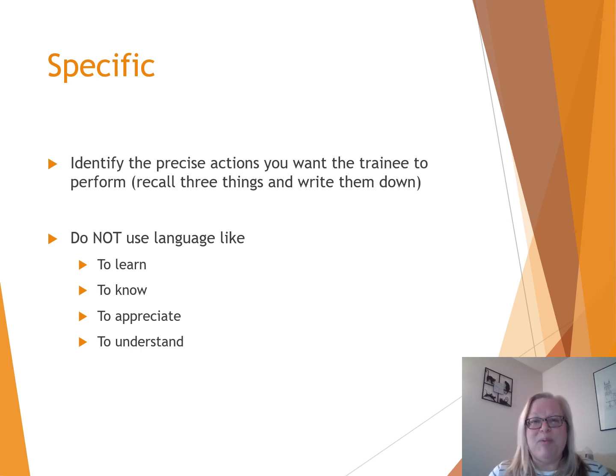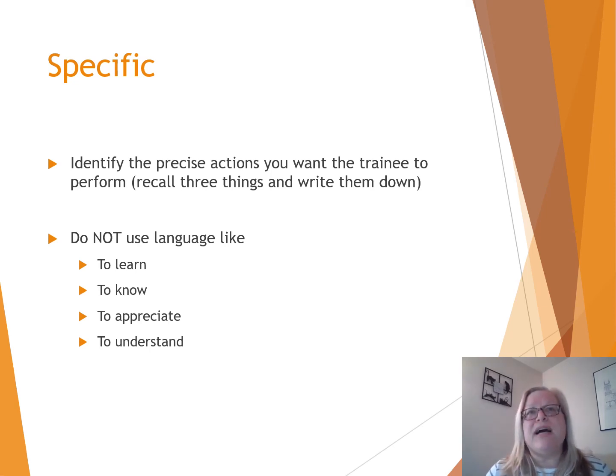A lot of people write bad objectives. A lot of professors write bad objectives that have language like what's listed on the slide here. Things like, students will know such and such, or will appreciate such and such, or the big one, will understand such and such.